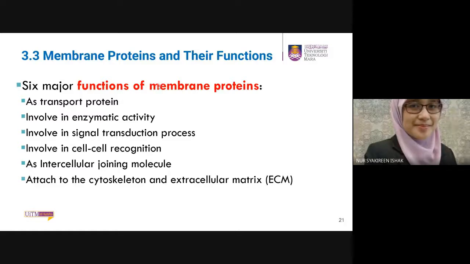Okay, so the third one is involved in the signal transduction process. This one is what I was saying earlier, which is the protein embedded in the plasma membrane this time. The plasma membrane has a binding site for hormones to bind to, especially hormones that are made up of protein.